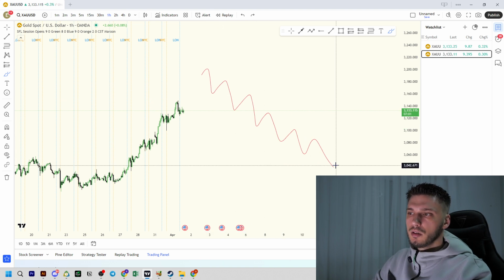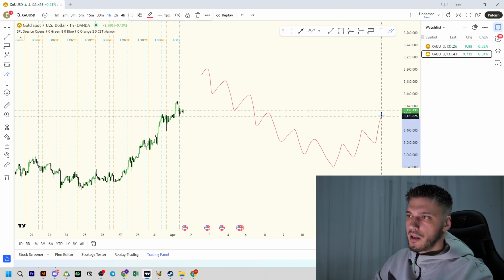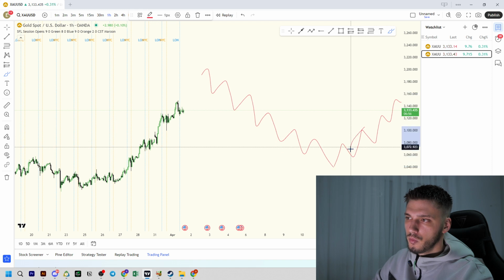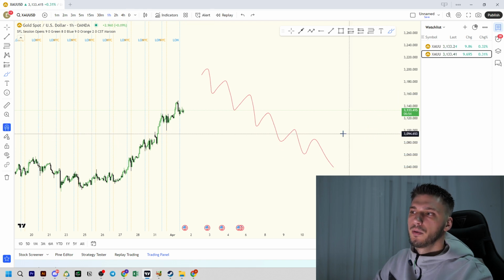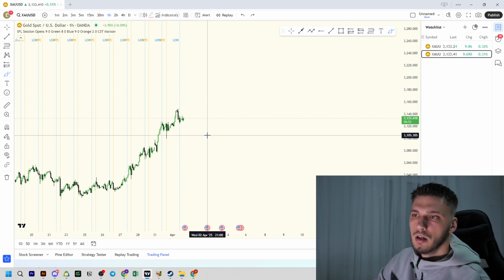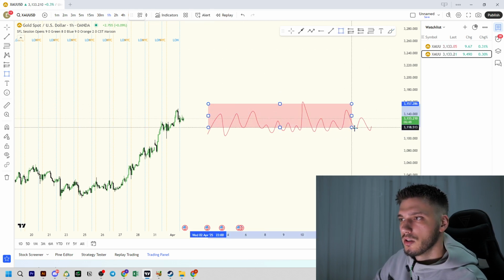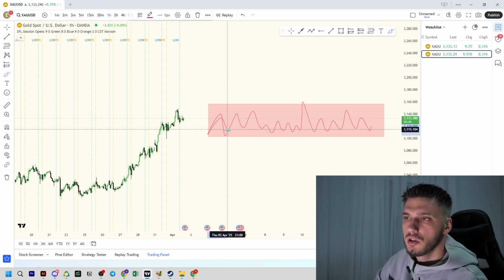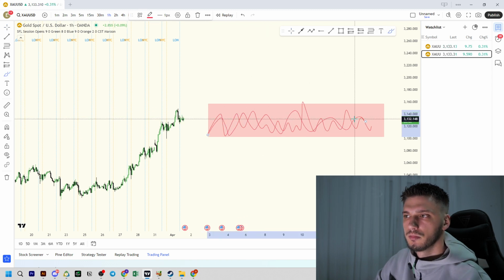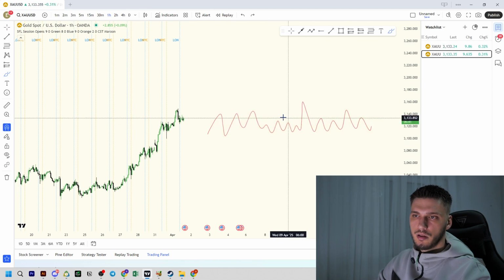And this will be repeated until it's not going to be repeated. Let's say until the market wants to go up, then the move up will be bigger than the move down. And when we are in a range like this, let's say the market is just ranging, the move up usually is going to be the same as the move down.